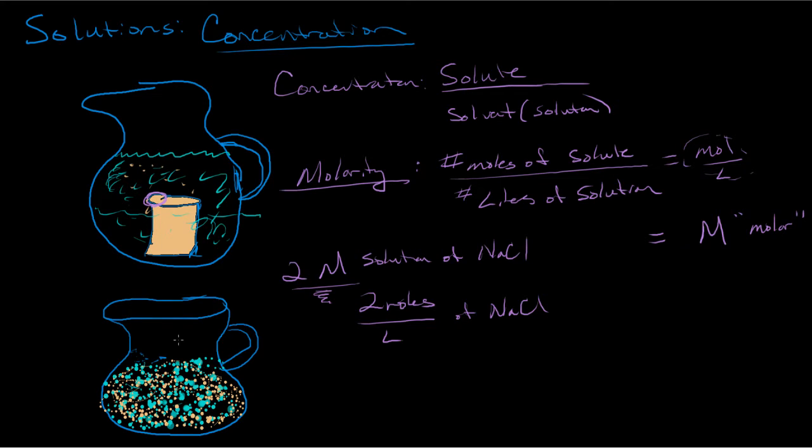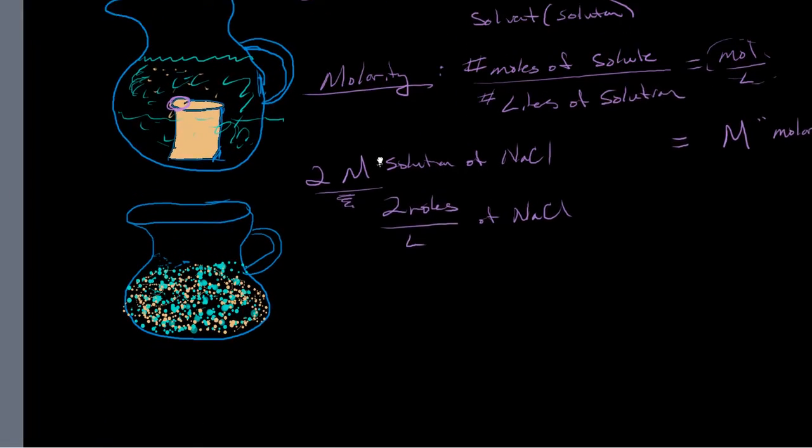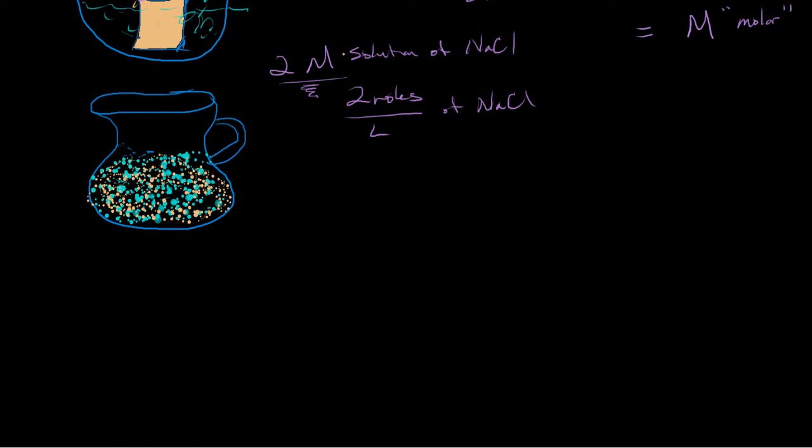This is our regular flavor orange juice. Let's say we have a dilute orange juice. Let's say we put more water into this. We keep the same amount of orange juice particles, but we have more water.